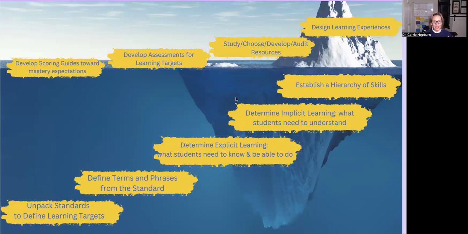So instead of spending hours and hours trying to figure out all of this that's below the surface, you have that knowledge, you have that information, so that you can now move into all of these things that are really going to help you make a difference with your kids.